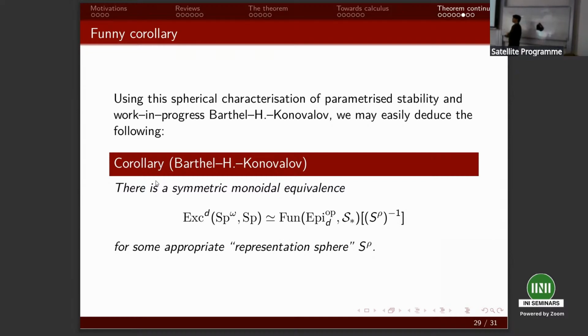Is there an easy description of the functor from left to right? Like given an n-excisive functor, what do you associate to it? Yes, that's a good question. Essentially what it is is cross effect. Cross effect or co-cross effect? Cross effect you would expect. Maybe it sounds like you're taking the co-cross effect.